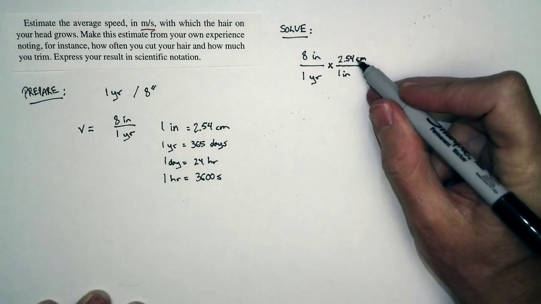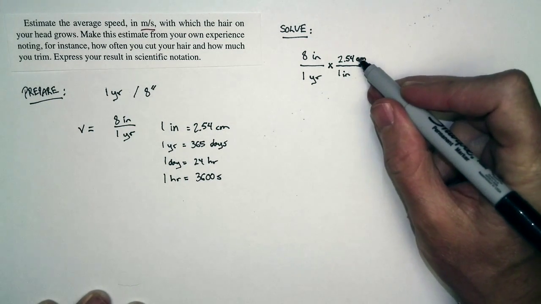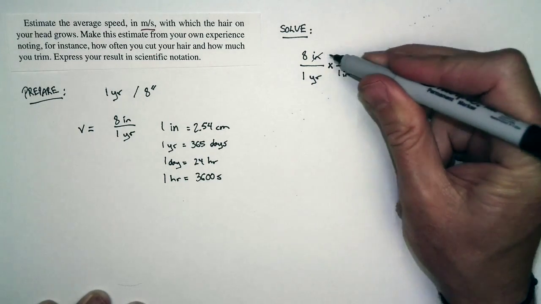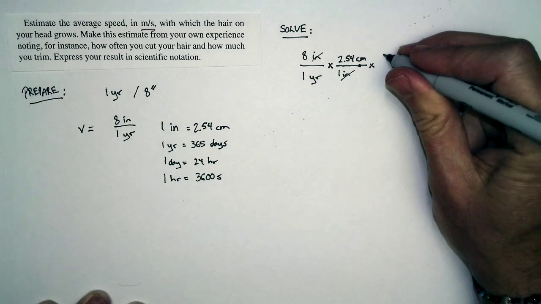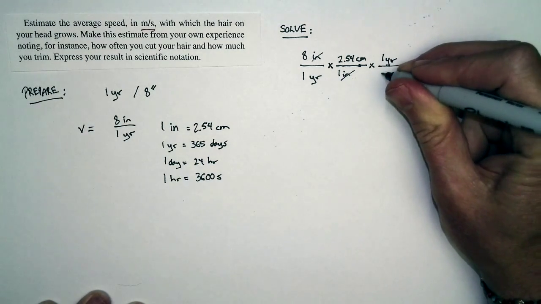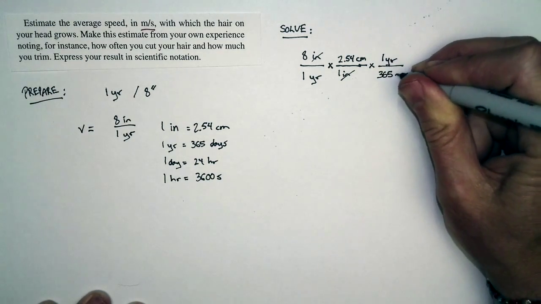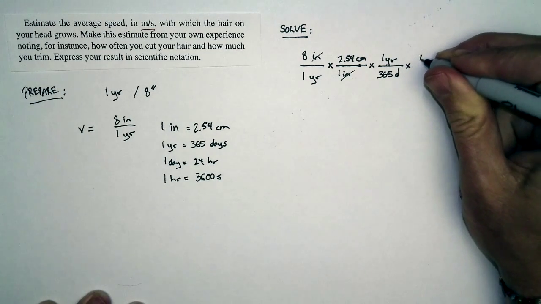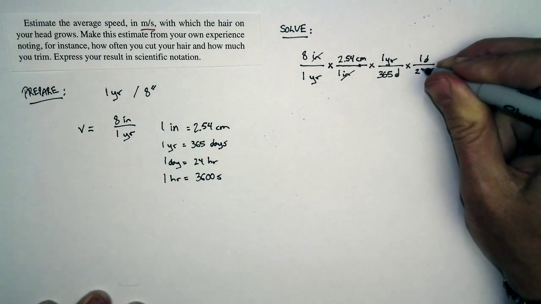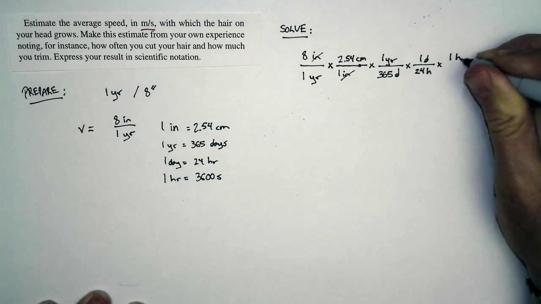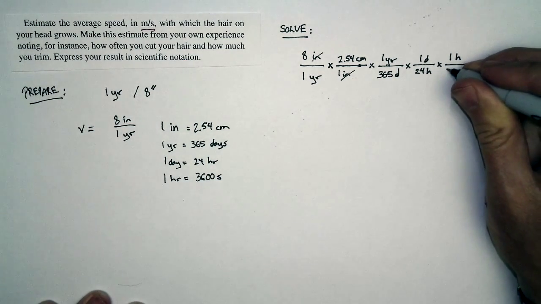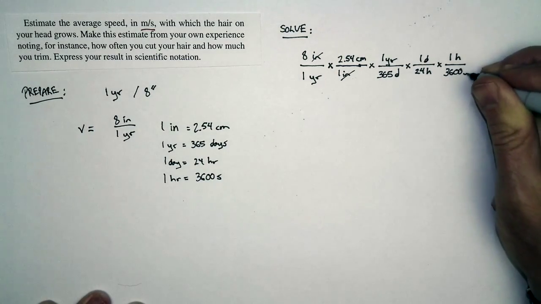These are equal to each other, so this expression is just equal to 1, but I cancel inches, and I'm left with centimeters. 1 year, which I want to cancel, is equal to 365 days. 1 day is equal to 24 hours, and 1 hour is equal to 3,600 seconds.